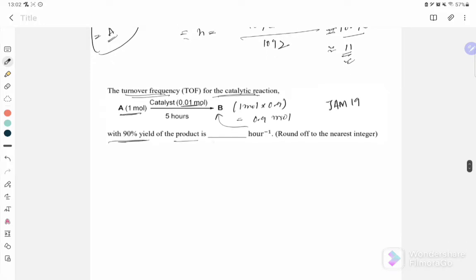So what will be our TOF, meaning turnover frequency?